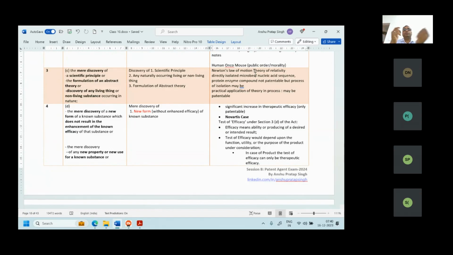Then formulation of abstract theory. There is a theory, the mere exposure effect, if you have ever heard of it. In psychology we say that if you are continuously being exposed to a person, even though you are not talking to that person, suppose you are walking in a park and you are regularly seeing a person, the first thing which happens is you will have a positive feeling about it.